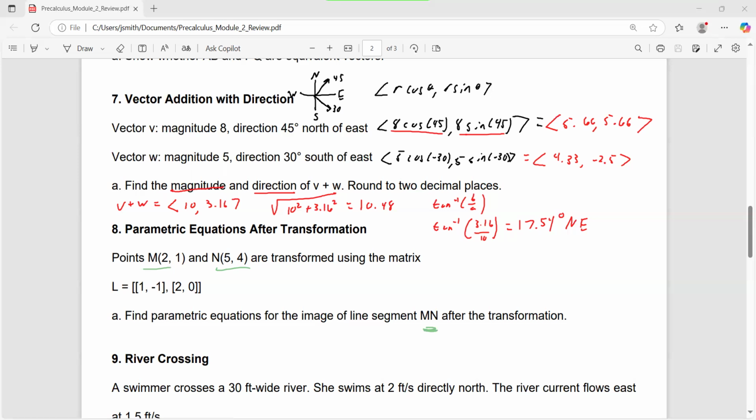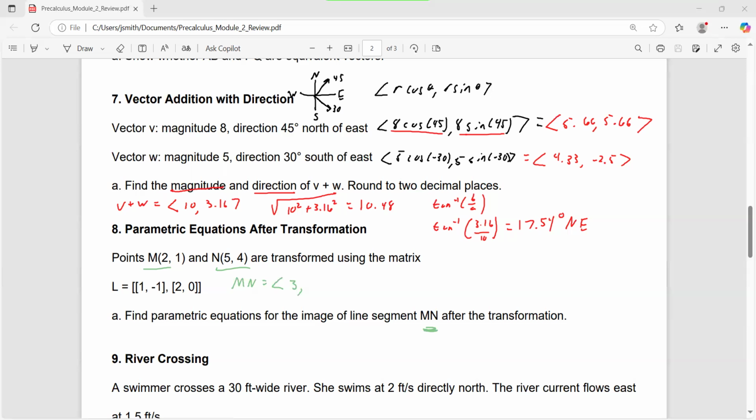So MN, again, remember the formula is x2 minus x1. So what's 5 minus 2? 4 minus 1? That's it.